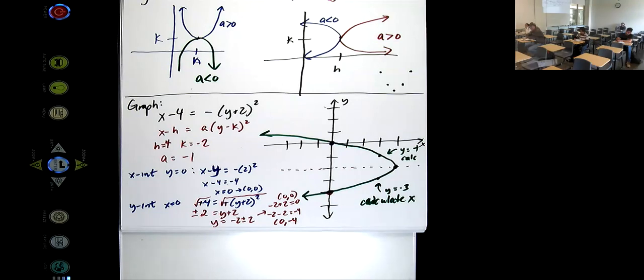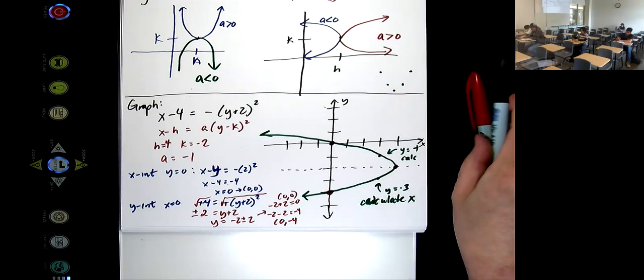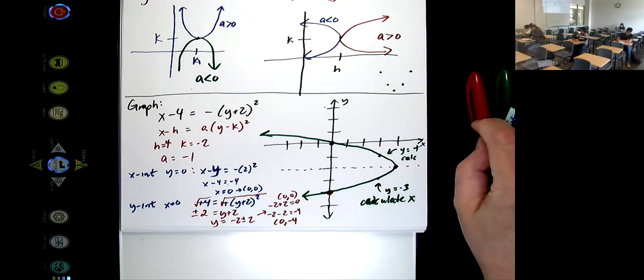You really only have to graph half of them, and you get the other half for free if you just do a reflection. Ready for a harder example?